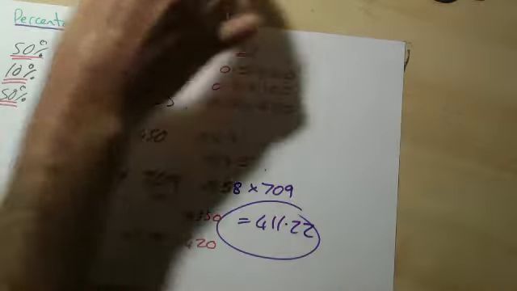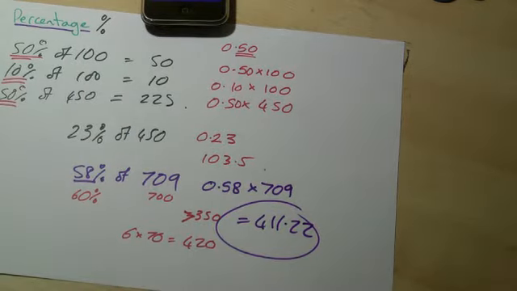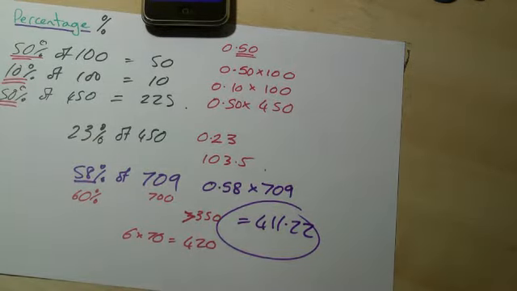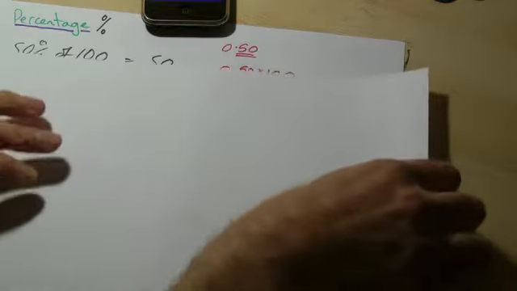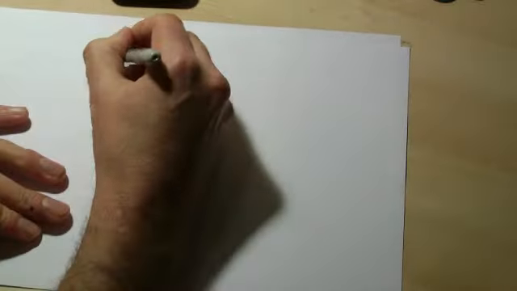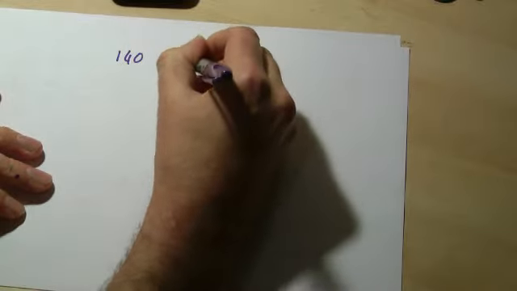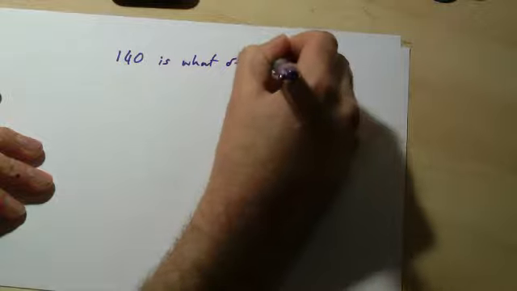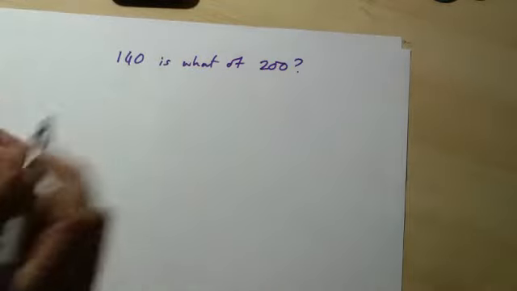Now it does also work if we want to do another version of it. So that's working a percent out of a value. What if it was something that said 140 is what percentage of 200, for example? Now you might be able to work that out in your head.